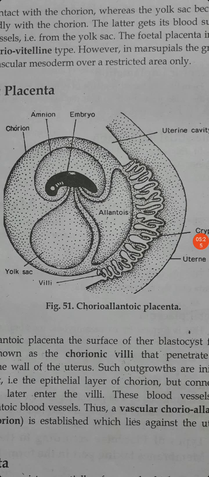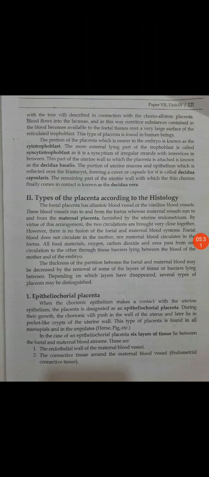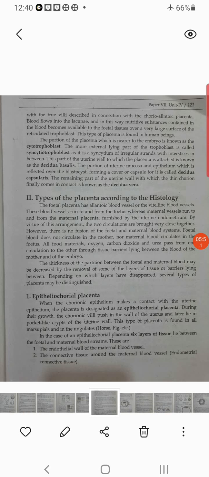Then the chorionic placenta, pure chorionic placenta, is there. In chorionic placenta, only the chorion is the membrane. It consists essentially of a greatly thickened layer of trophoblast or chorion containing sinuses filled with maternal blood, and chorionic processes or villi containing fetal connective tissues and capillaries extend across the trophoblastic lacunae.